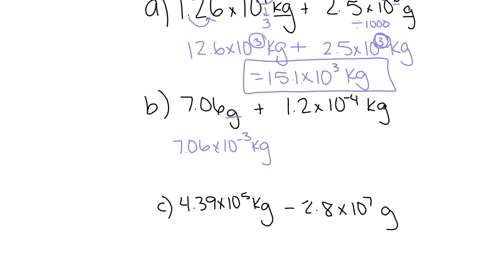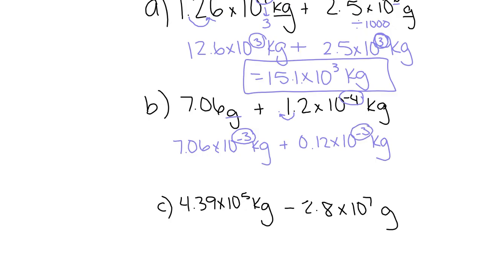Again, when we do addition or subtraction, we want these two numbers to be the same. So let's make these both a negative 3. In order to do that, we need to move the decimal here to the left. So it'll be 0.12 times 10 to the negative 3rd kilograms.